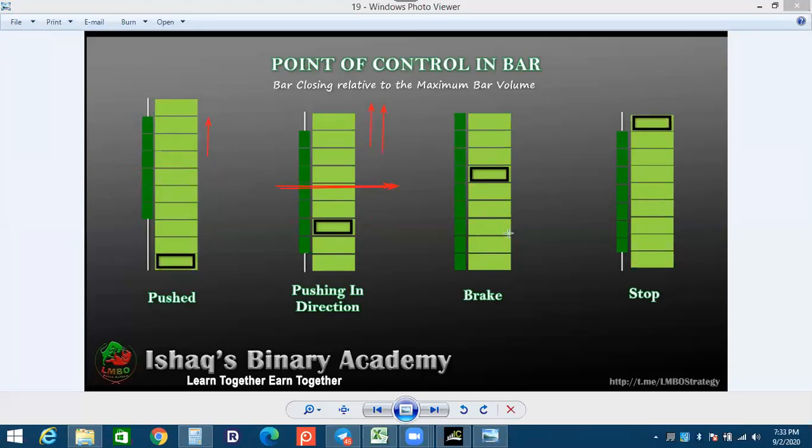Again, we're coming to the break. When the half of the body is here, it means the candle is weak here. In this area the candle is weak, but the candle is strong in this area. Why is it strong? Because when the price reaches the resistance level, the sellers will enter the market.